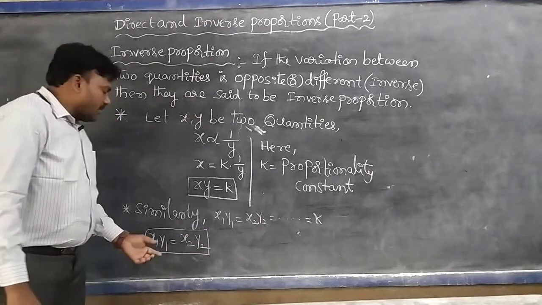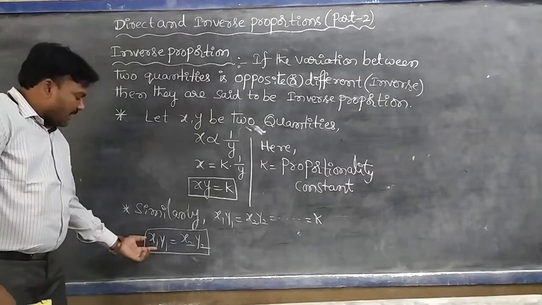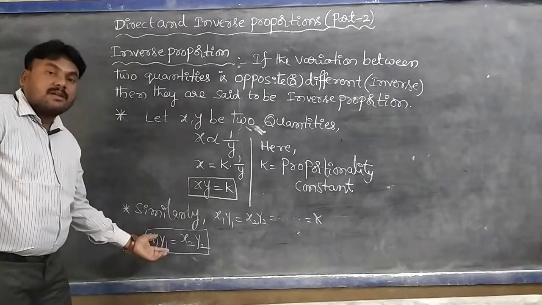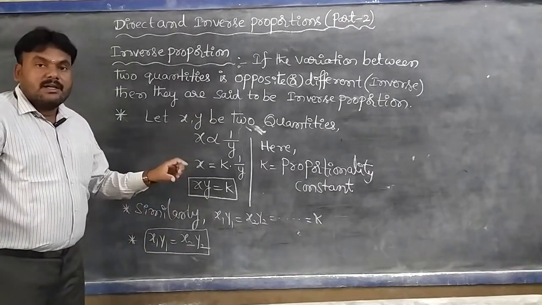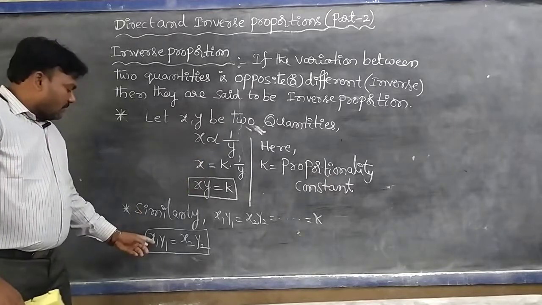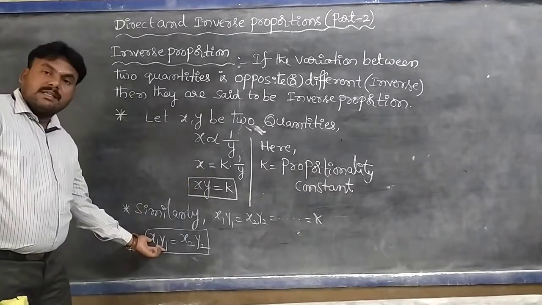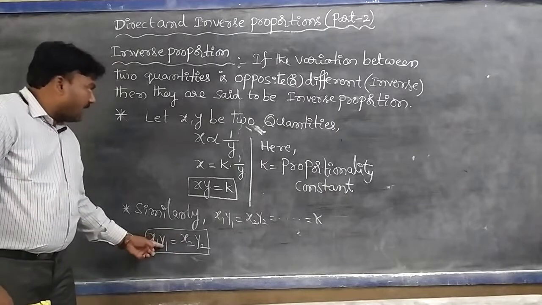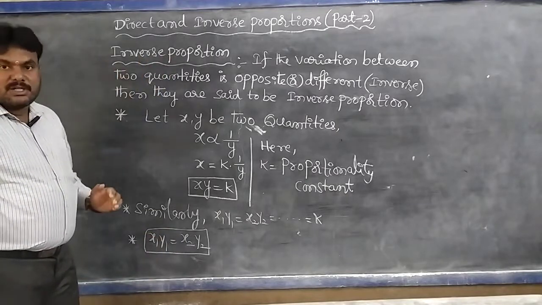What we conclude from this formula is that the product of two quantities is constant, or unique, meaning the same value. Then they are said to be in inverse proportion.